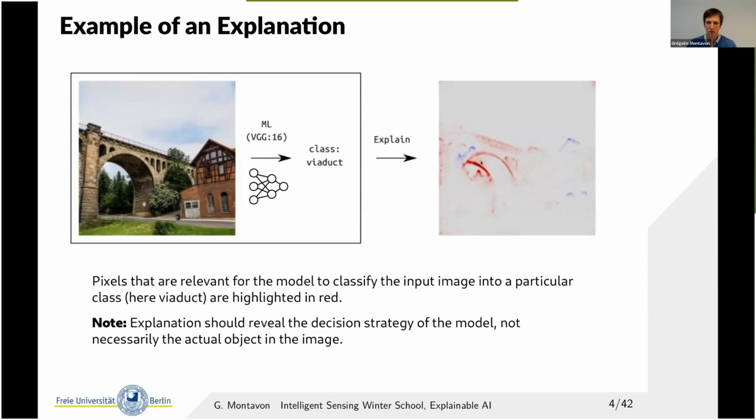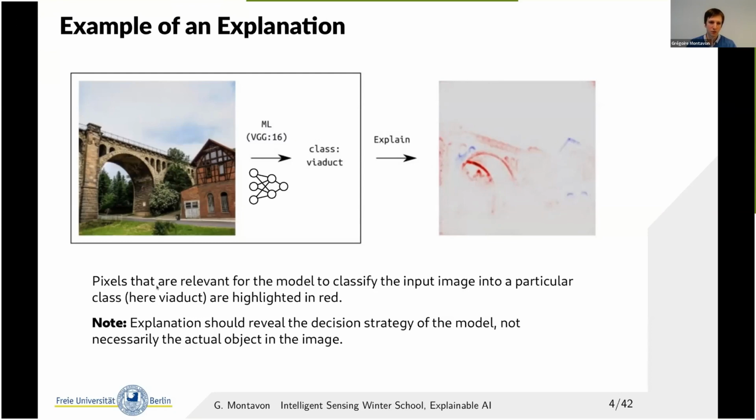And this is the kind of heat map you would typically get, where a red pixel, basically red highlighting, corresponds to what contributes in favor of the class viaduct according to the model, and blue pixels corresponds to what might be contradictory with the model's own prediction.